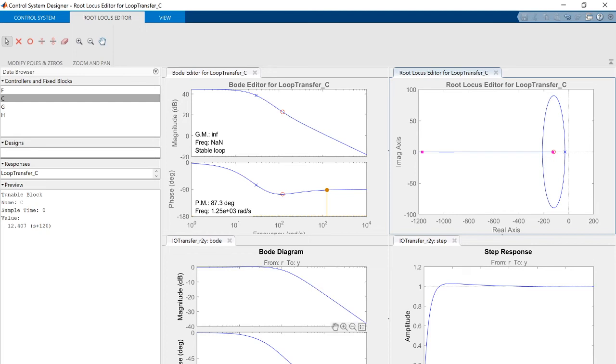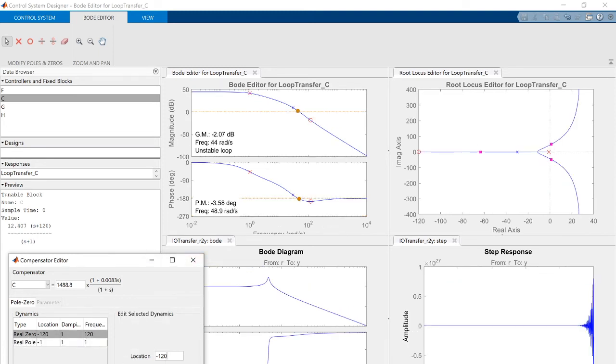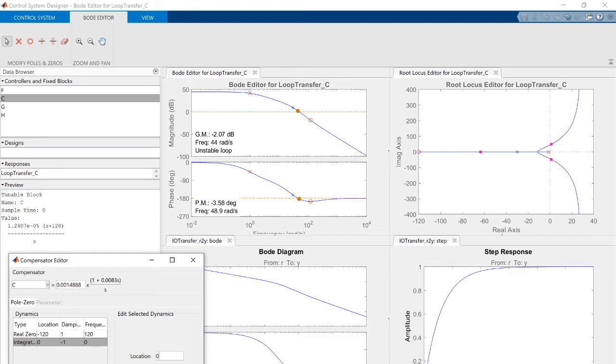Okay, so let's see if we can implement that with our system in here. So this time I'm going to pull up my controller. Maybe try that again. There we go. And I'm going to go ahead and add some poles and zeros. So I'm going to add a pole, and I'm going to put this at the origin. That's going to be my free integrator.